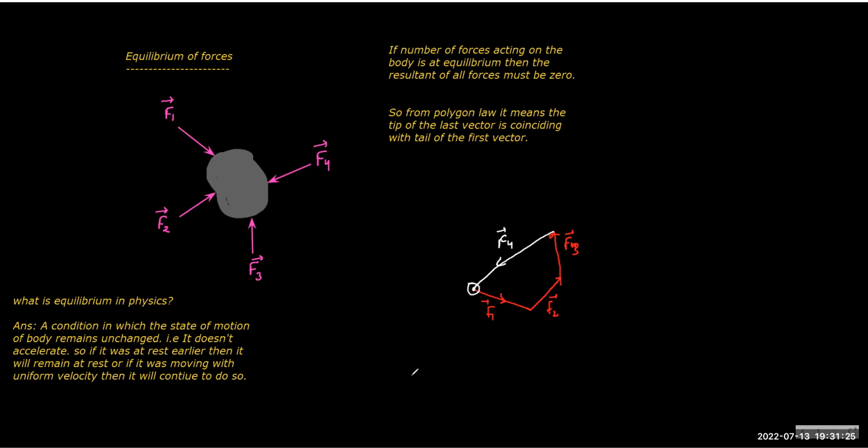How do we write this mathematically? We write F1 plus F2 plus, here we have 4 forces, but it could be more, and we equate it with the null vector.